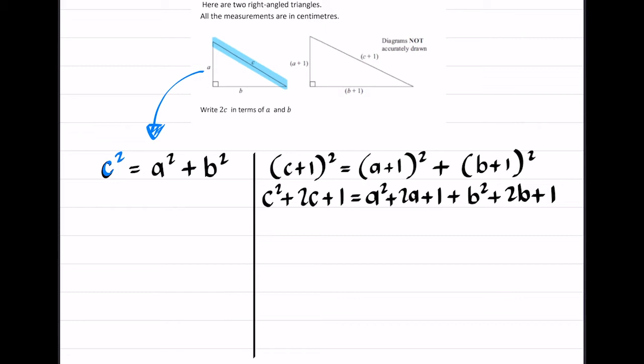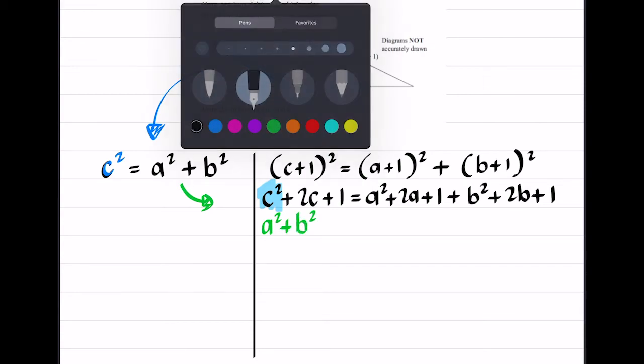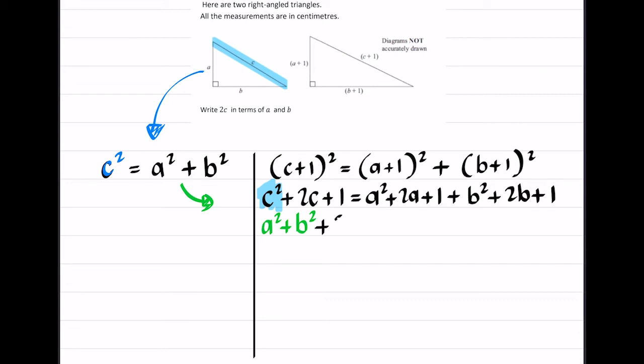So now we can see in the second equation that I've just formed, I have a c squared, which means that I can now replace that c squared with this a squared plus b squared. So now I'm going to have a squared plus b squared, because I'm going to leave the plus 2c because I want to write 2c in terms of a and b.